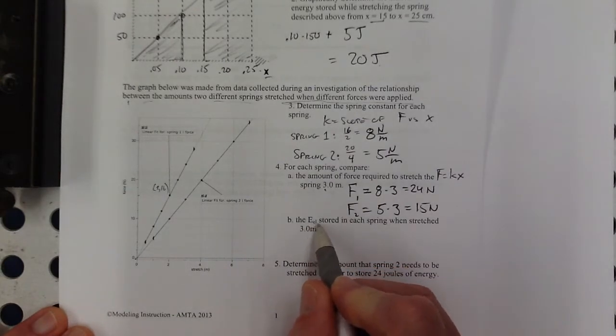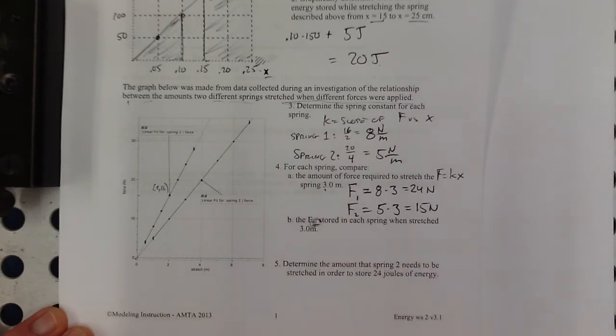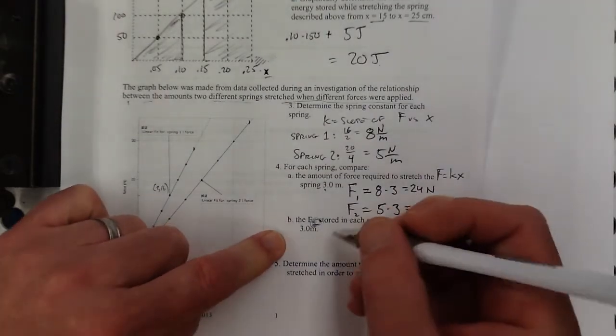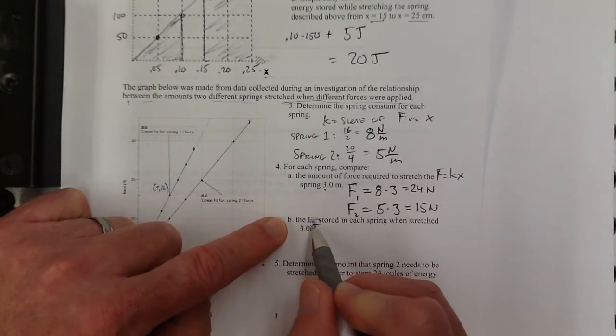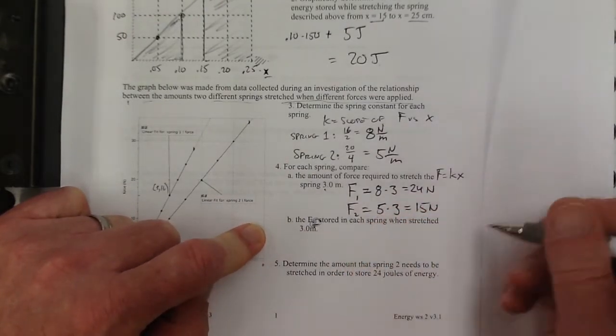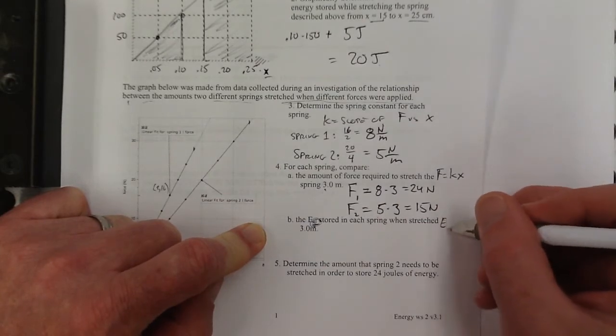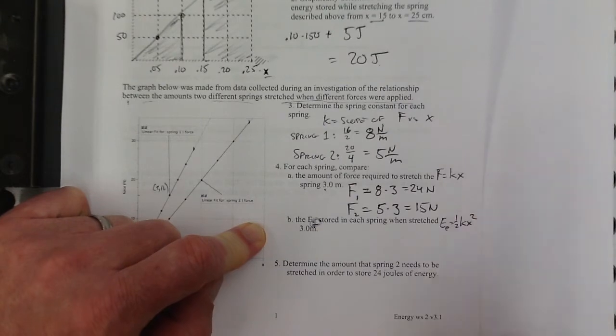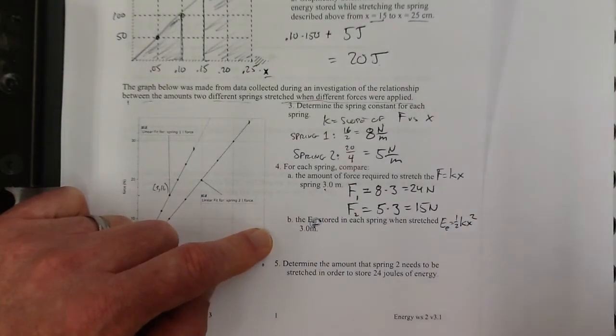On this sheet they're using EL instead of just EE. I'm probably going to do EE all the time. The elastic energy stored in each spring when stretched 3 meters. So the energy stored in the spring, the EE, is equal to 1/2 kx squared. You have that from your notes.